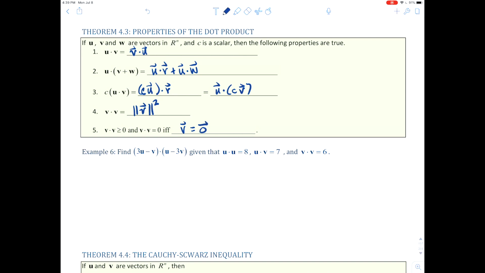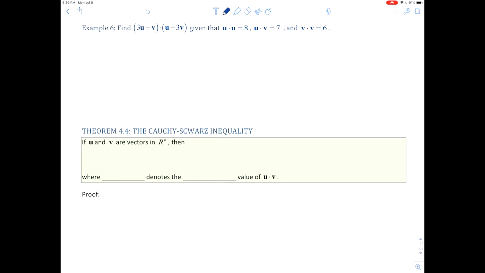Okay? Example 6. Let's find this using properties of the dot product. So here we go. Here I've got 3u minus v dot u minus 3v.